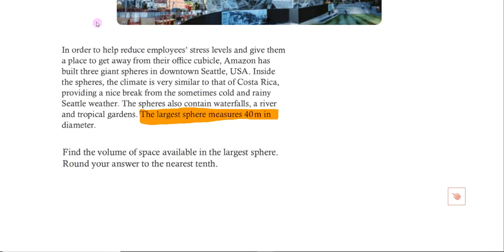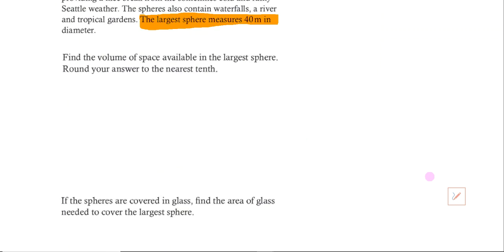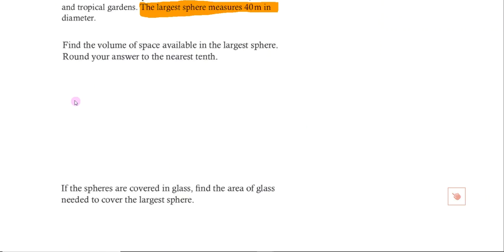So if I were to do a diagram, so here's my sphere. Don't have to do that, but it says the diameter is 40 meters. So it says find the volume.